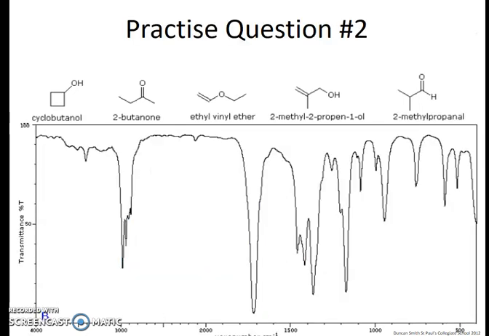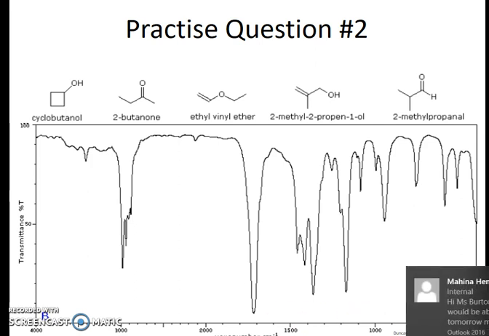So let's have a look at our next spectrum. Here again, if we first look in that 3000 to 4000 range, there's nothing really of interest. In the 1600 to 1800 range, you will see a strong peak at about 1715 to 1720, which would again indicate a carbonyl group, probably, given the options I've got, either an aldehyde or a ketone.